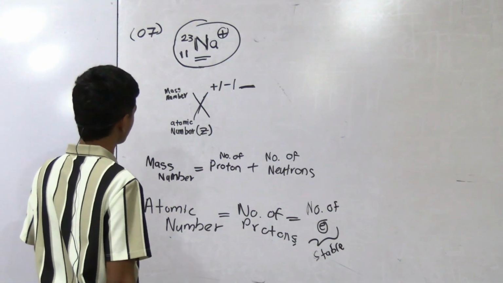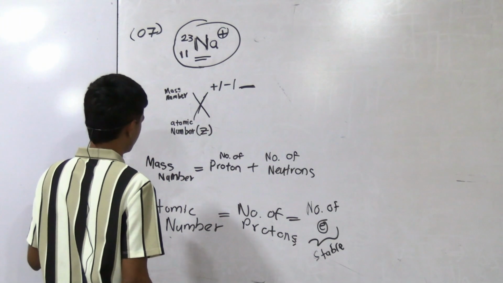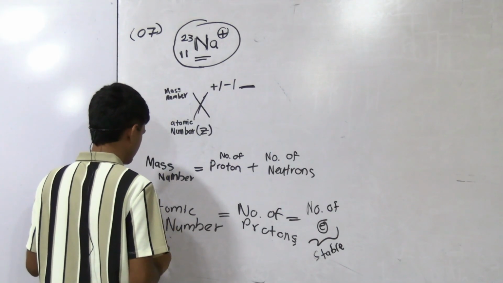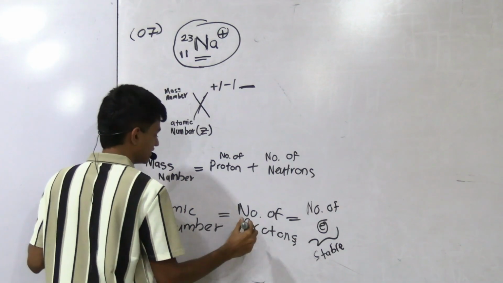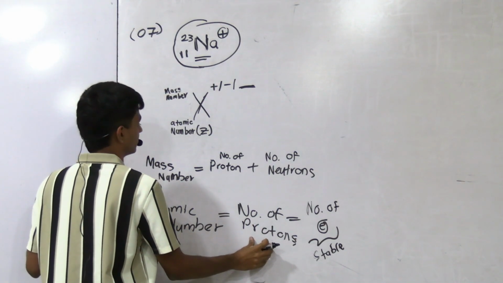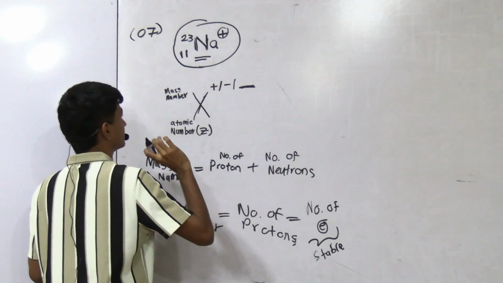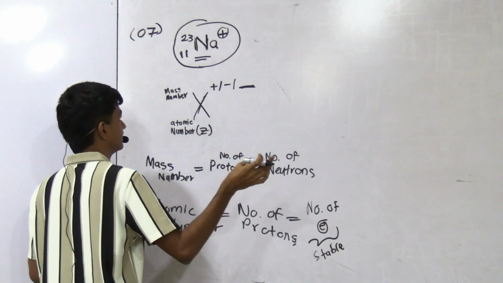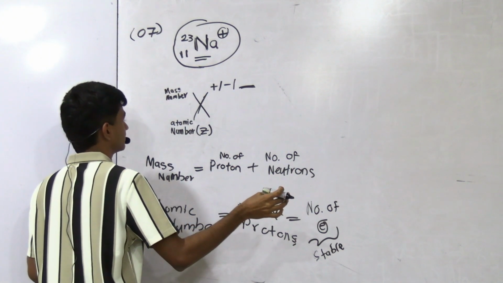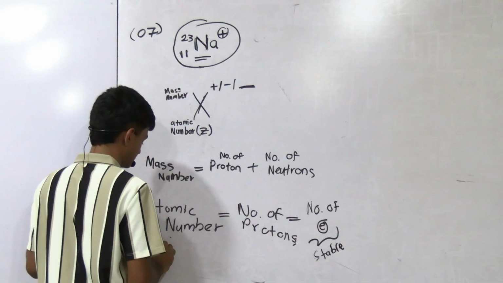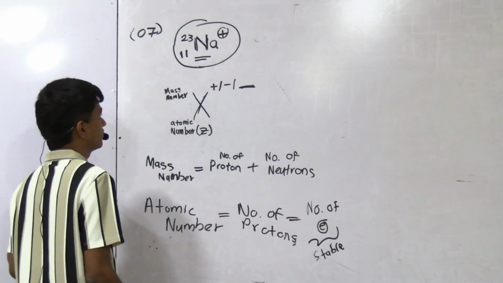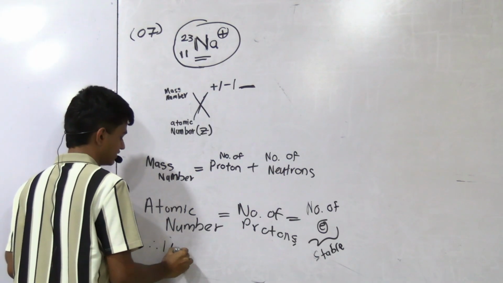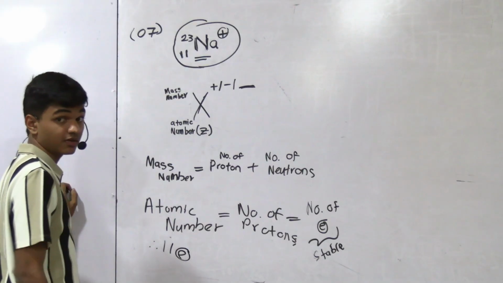So we know that sodium has the atomic number of 11, so it means it has 11 protons. Let me explain it like this. When sodium is in its stable state, it has 11 electrons, right?